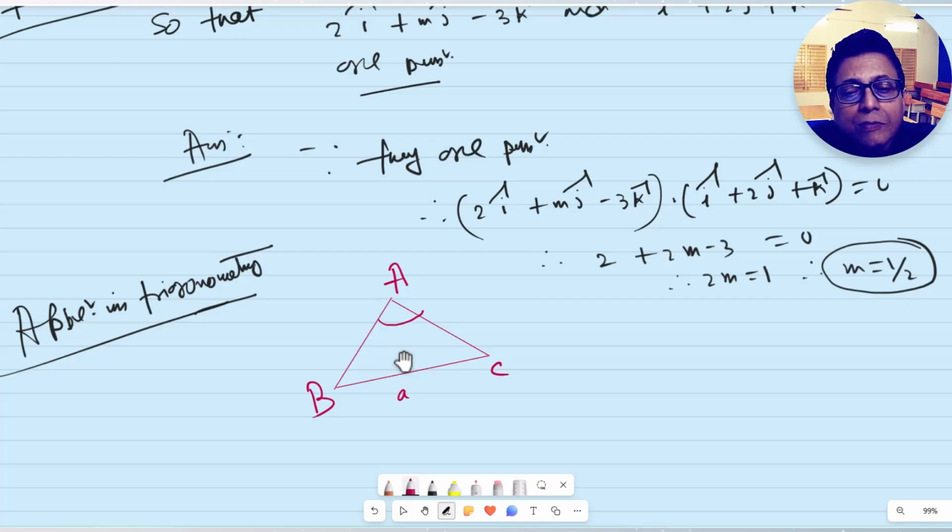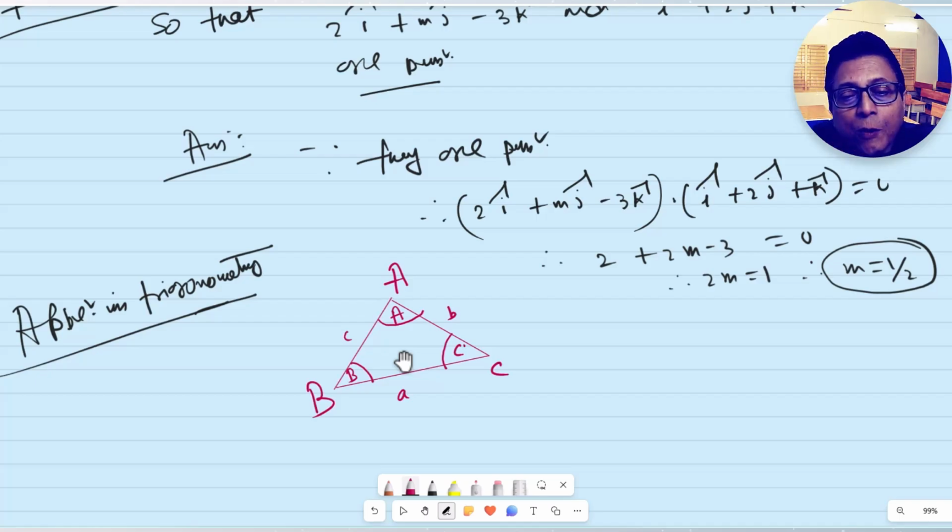if A is the length of side BC, B is the length of side AC, and C is the length of the side opposite to angle C, then the cosine rule holds. A, B, C are the angles of the triangle that we have taken.